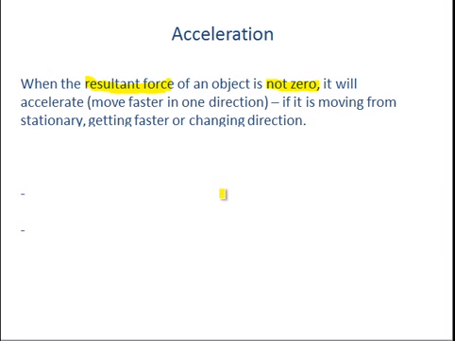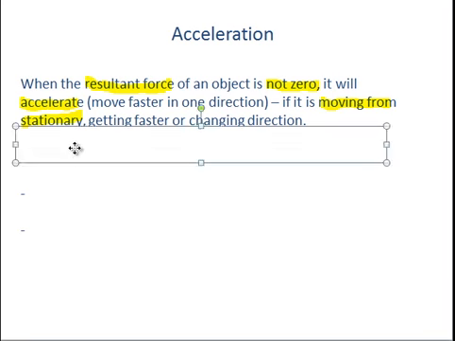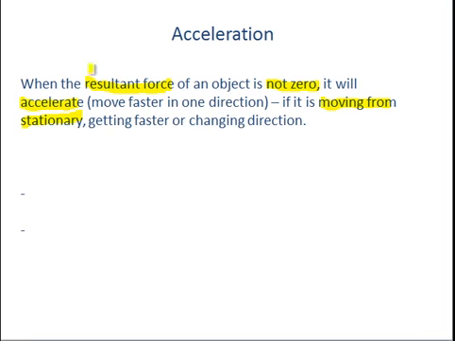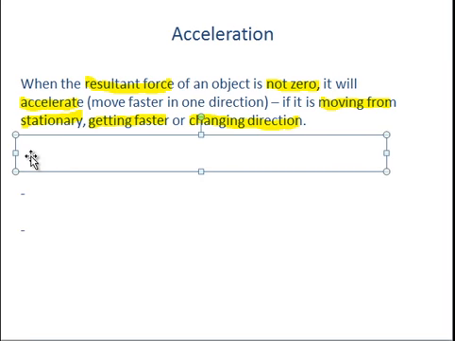If it has this, it will begin to accelerate, and this applies whether it is moving from a stationary position, so it will get faster and faster from not moving to moving at a particular speed, whether it is getting faster, or whether it's changing direction, because even when it's changing direction, it will start to accelerate as it goes into the new direction of the resultant force.